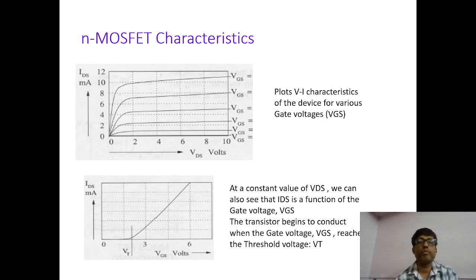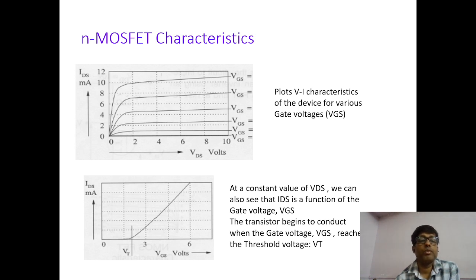Now you can also observe the characteristics of the MOSFET. Depending on that, there are two types of characteristics we get: the VI characteristics, which are the output characteristics, and the transfer characteristics, drain current versus VGS. That is, gate to source voltage versus IDS and drain to source voltage versus IDS. So we get these two characteristics from here.